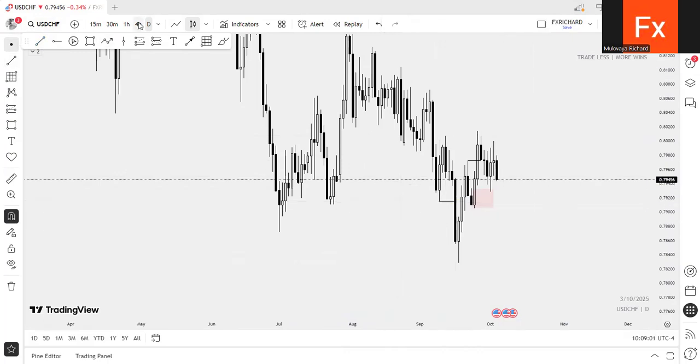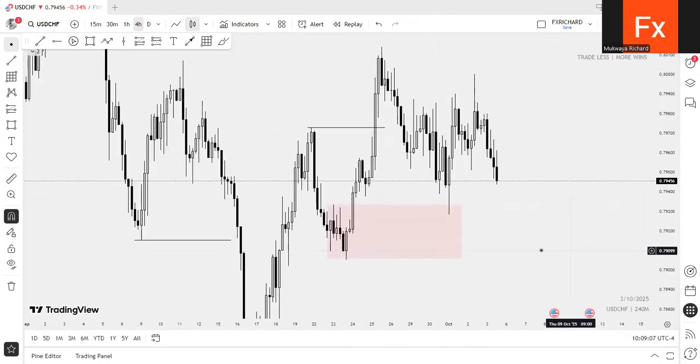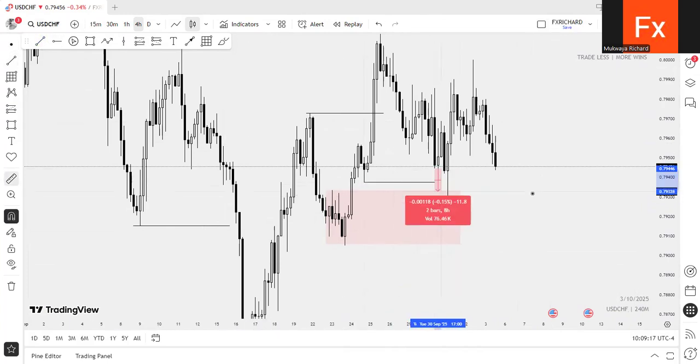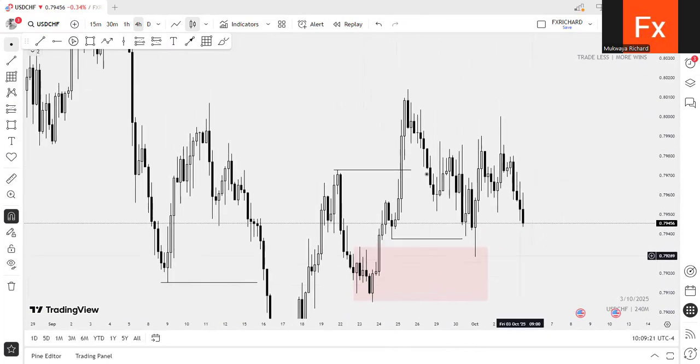So after that, you can see that even here we had this. So let's go to H4 and see what the market is offering on the H4 time frame. On H4, you can see that the market reacted from this daily level, and there was liquidity created below this. So they took out this liquidity, then they reacted and started buying.